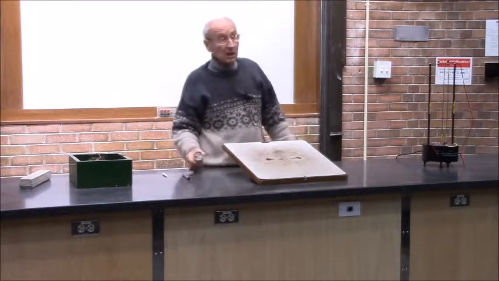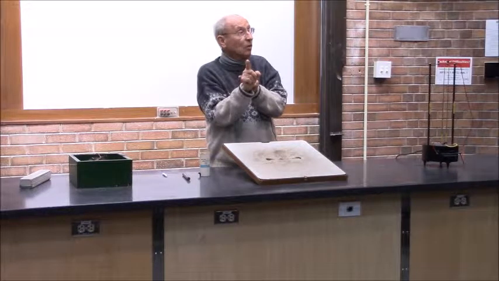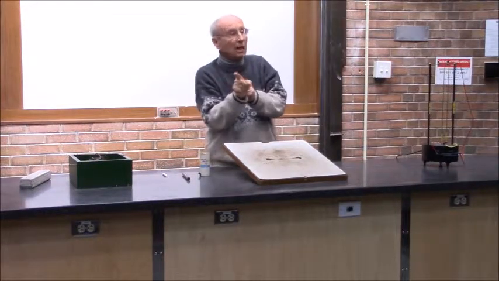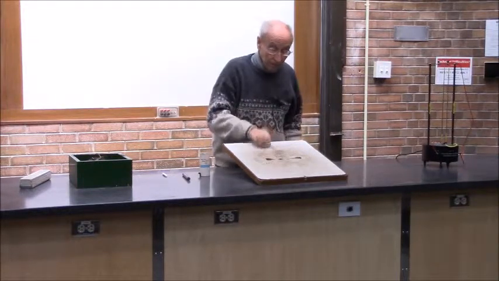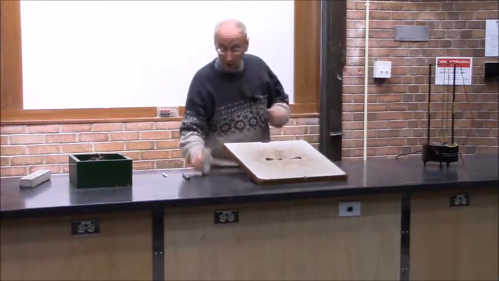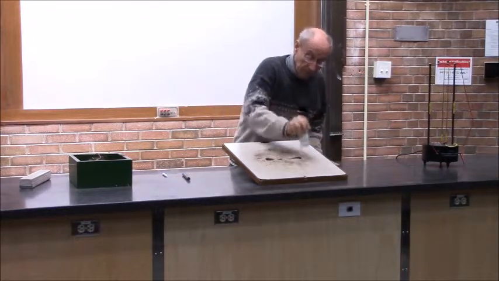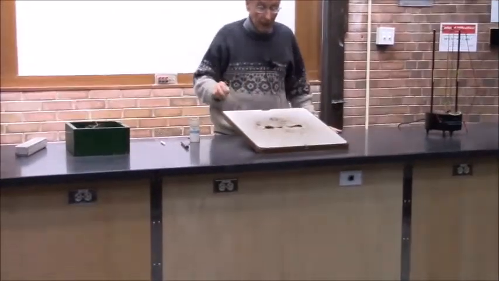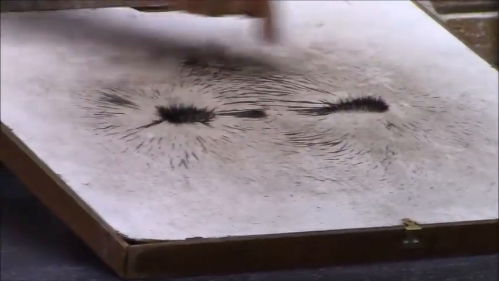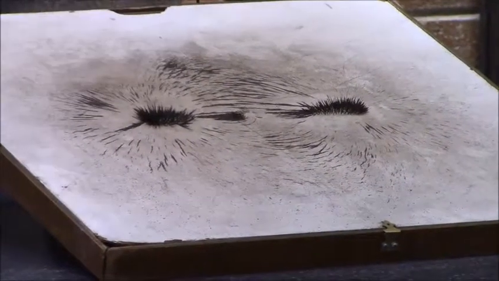Because we've already seen that the primary effect of dipoles is to line up with one another, or of a dipole to line up with the magnetic field that's present. So, put a little bit more on here. And now you can see the field lines run like this, and they, of course, are three-dimensional because the dipole is cylindrical.